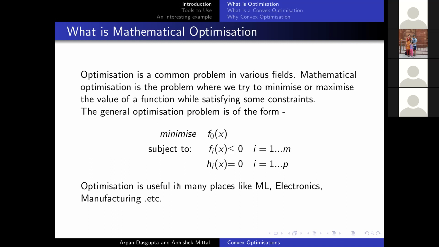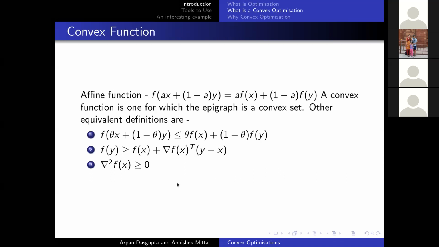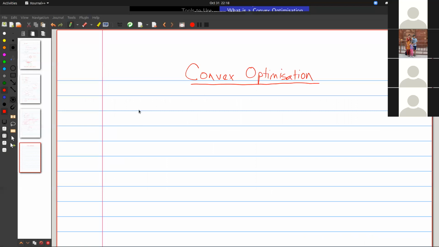So now I'll come to what a convex function is. However, I need to introduce you to convex sets. First I'll talk about affine sets. Affine sets are sets where for all A, B belonging to S, the element theta A plus 1 minus theta B must also belong to S. So this is called an affine set.